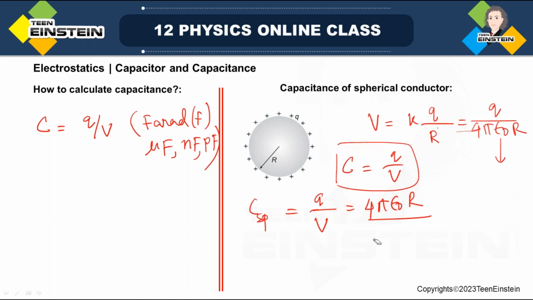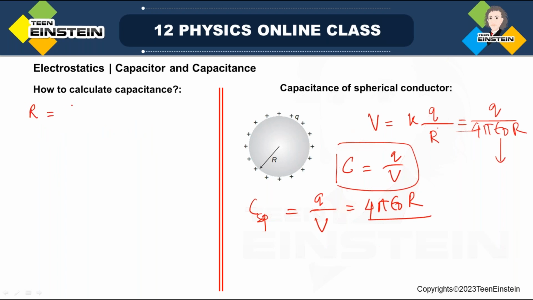Now I'll take up one example. Suppose the earth has a radius of 6.4 into 10 to the power 6 meter.